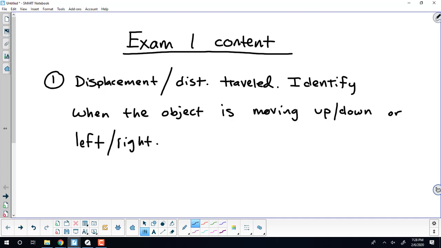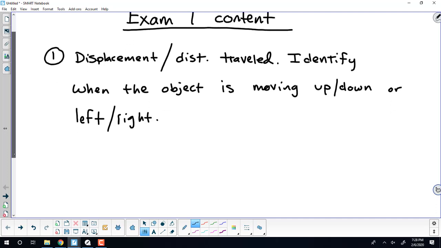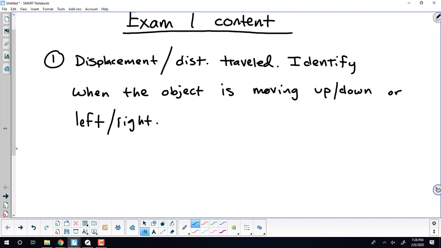So one question regarding that. And for something like that, kind of like the ones we did in class, graph it. That way when it comes to computing the distance traveled, you will know which regions are positive and which regions are negative and how to split that up appropriately.